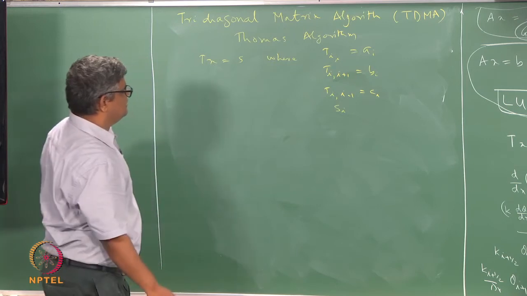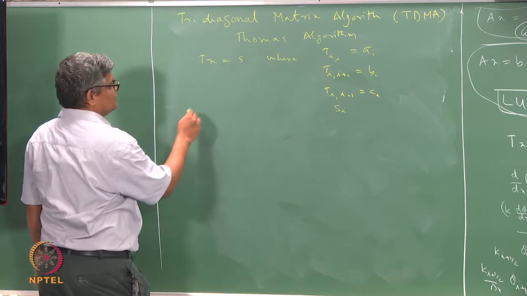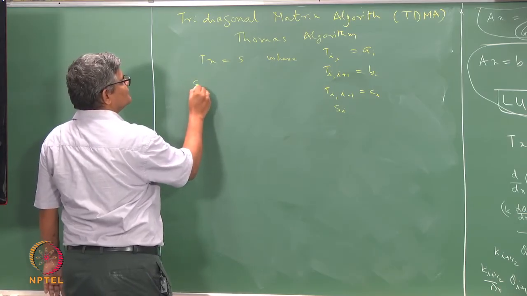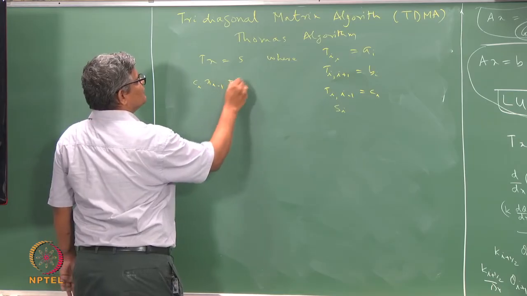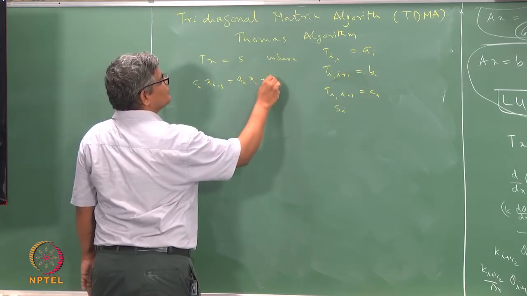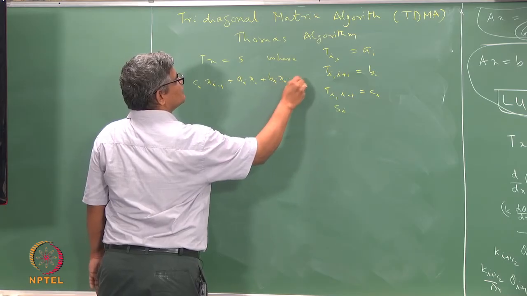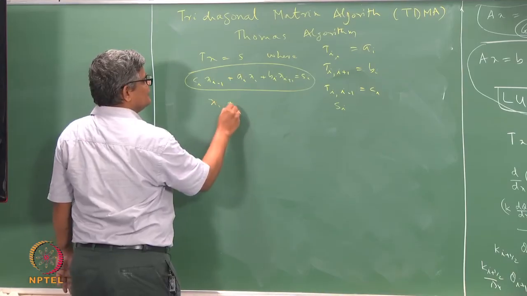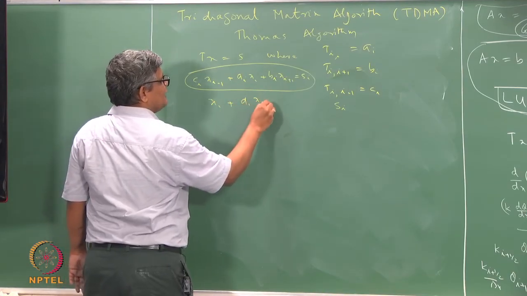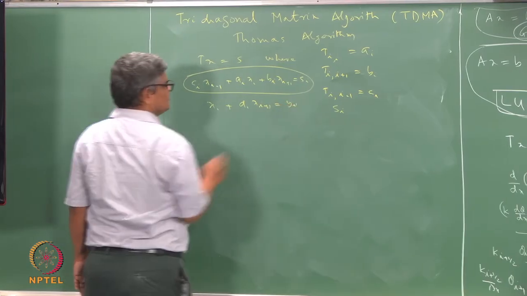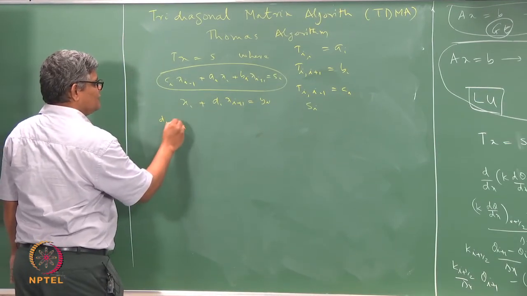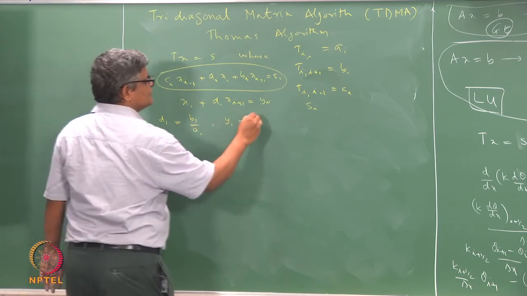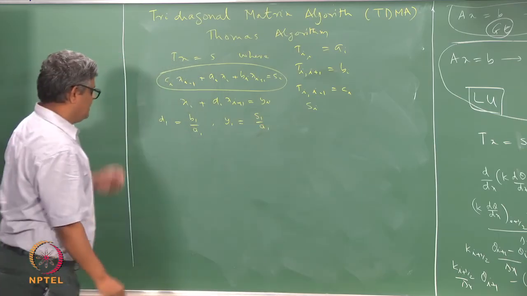It starts with conversion of this equation, that is Ci xi minus 1 plus Ai xi plus Bi xi plus 1 equal to Si. This is rewritten as xi plus di xi plus 1 equal to yi, where d1 is b1 by a1 and y1 is s1 by a1.